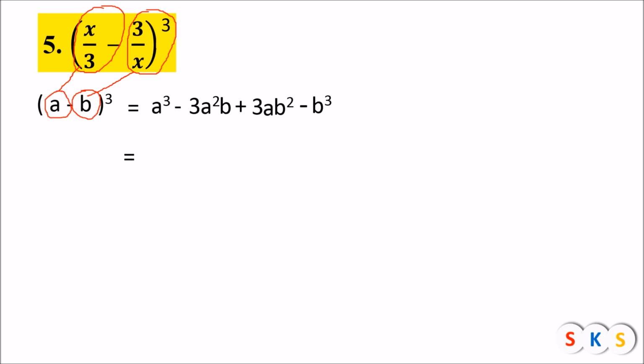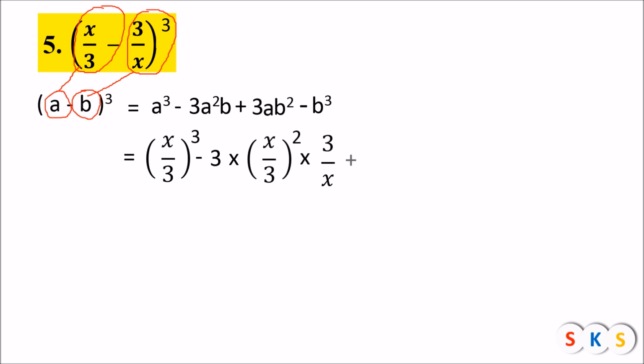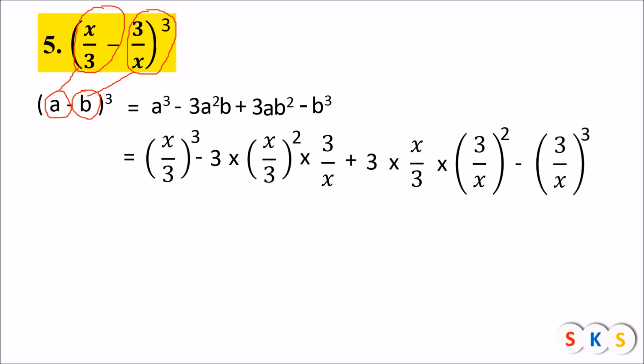Equals a raised to 3. What is a? x upon 3. x upon 3 the whole cube minus 3 into a square. What is a? x upon 3. x upon 3 the whole square into b, that is 3 upon x, plus 3 into a, that is x upon 3, into b square, that is 3 upon x the whole square, minus 3 upon x the whole cube, equals, now we will take the cube of x upon 3.